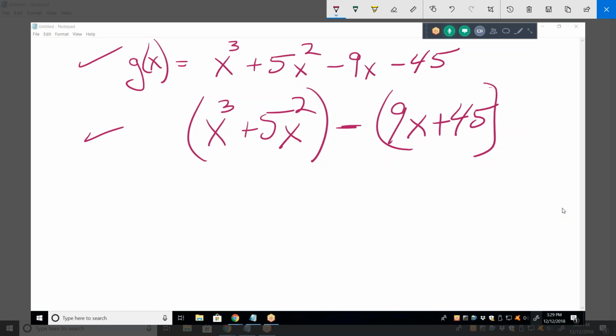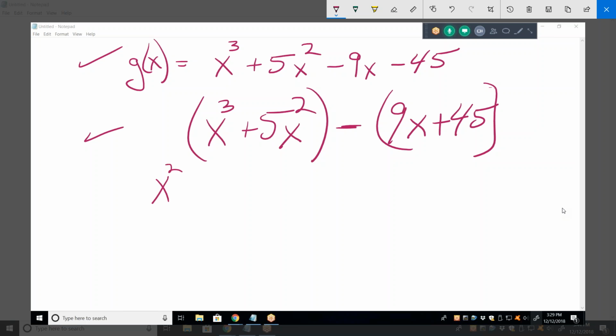Now, the second step, once you've done the first step properly, which is to group it, is to factor out the greatest common factor of each set of parentheses. What's the greatest common factor in the first set? X, right? No, it's actually x squared.